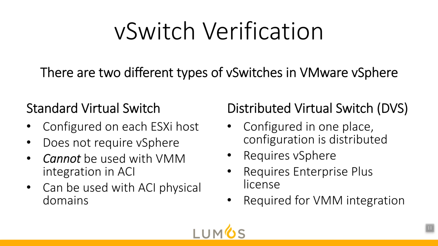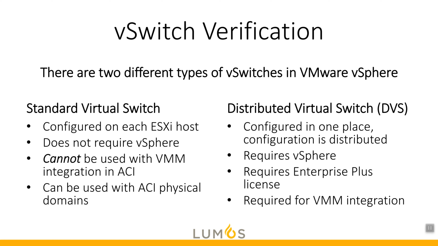But here we're talking about either the standard virtual switch or the distributed virtual switch. They're both very basic, simple layer 2 switches. The difference is the standard virtual switch is configured individually on each ESXi host, whereas the distributed virtual switch is configured in one place in vCenter, and then that configuration is pushed out to each individual hypervisor.